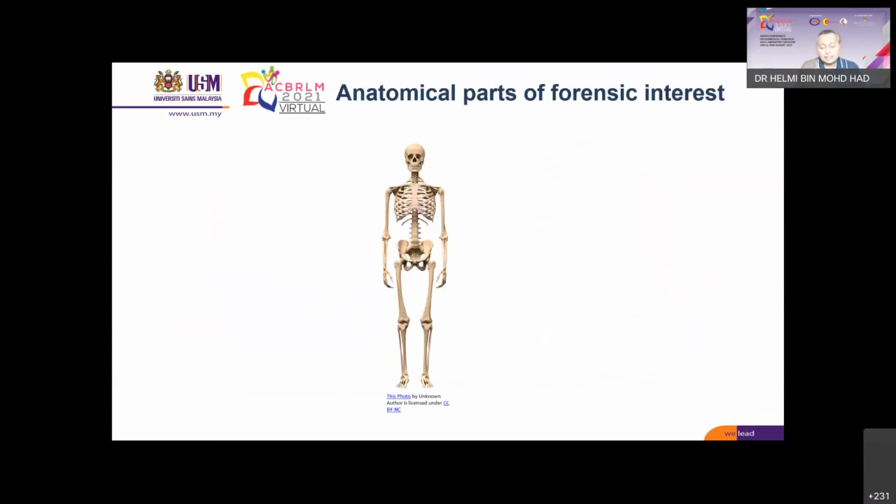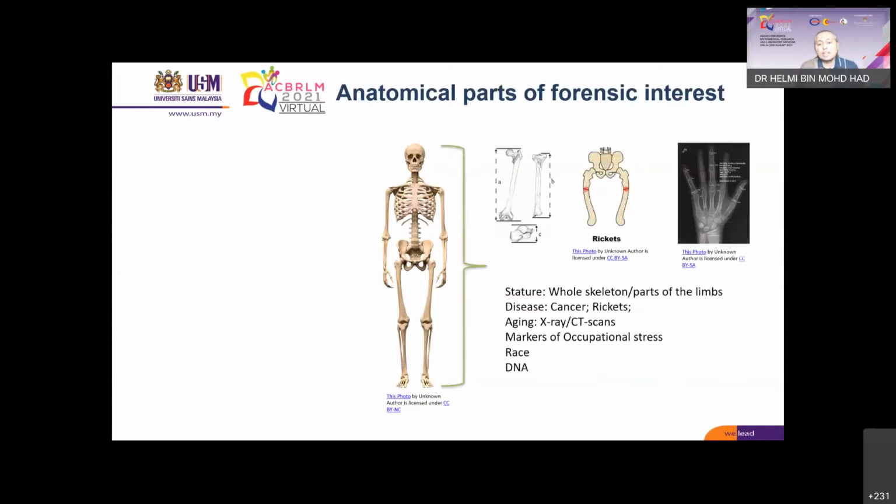From the skeletal aspect of the human body, from the entire skeleton or parts of the skeleton, you can get stature. You can also determine disease. From the bones, you can tell whether a person has rickets, whether there is a vitamin deficiency.